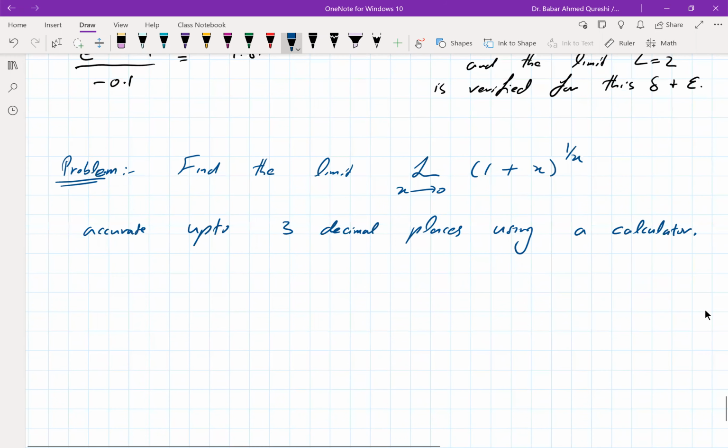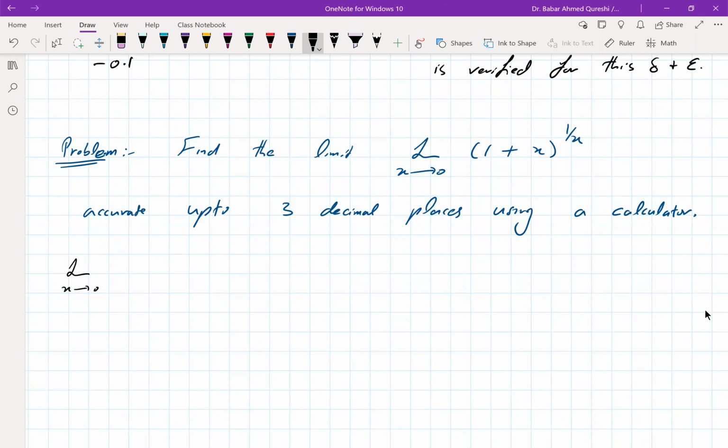Then what I'm going to do, I'm doing this. Clearly putting in the value x is equal to 0 here does not tell me much. I have a 1 plus 0 and it's raised to the power of a nonsensical number. So I don't know what to do, but I can just start computing.